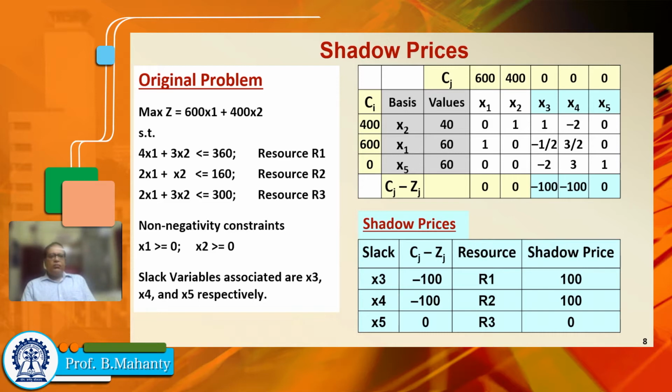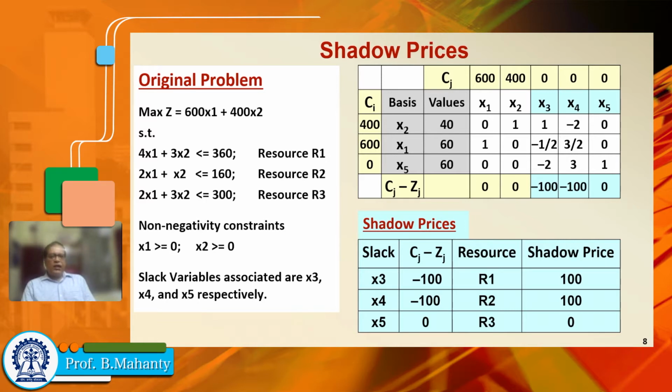This is the original problem, and x3, x4, x5 are the slack variables associated in the original problem. cj minus zj of the final table: minus 100, minus 100 and 0. Three resources R1, R2, R3 are associated, and the shadow prices then should be 100, 100 and 0 respectively.